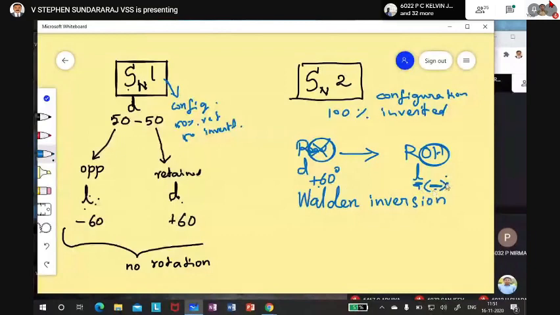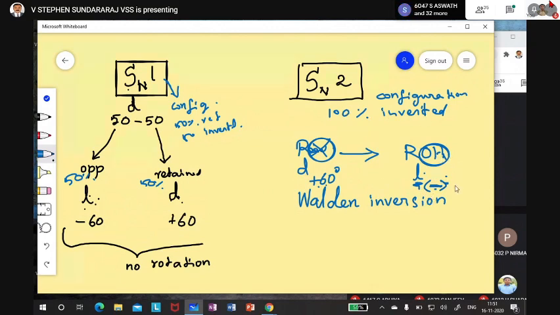Earlier I said minus 60 and plus 60 because both were products, enantiomers, 50% each, same extent, opposite direction. Here I am comparing reactant versus product. If the reactant is plus, the product will be minus because complete inversion takes place. This is 100% inversion, which we call Walden inversion.